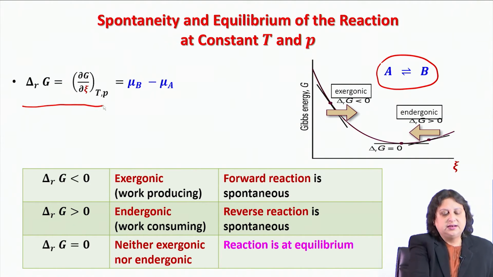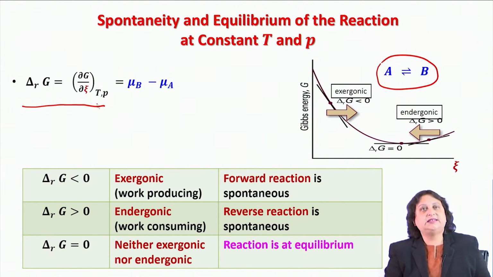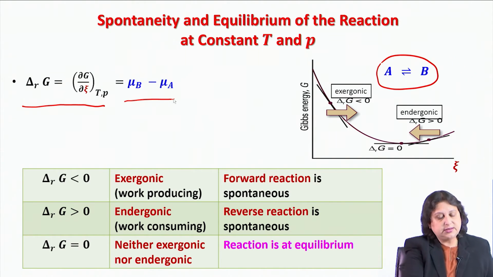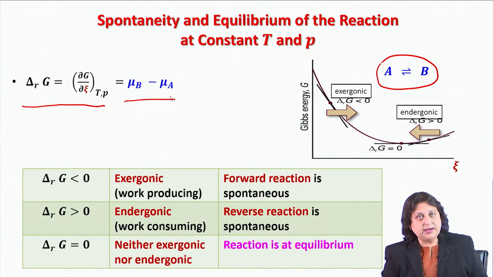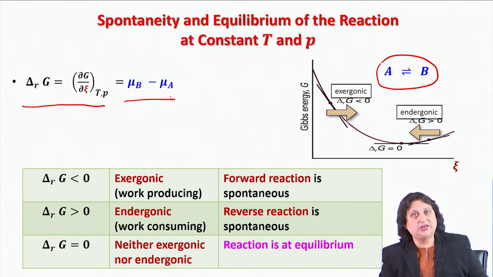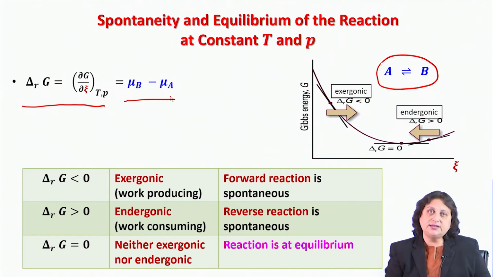This is del G del xi at constant T and p, and this is related to mu B minus mu A. Now, instead of having to look at the chemical potentials of every species present in the reaction mixture, I am going to look instead at the sign of the reaction Gibbs energy.